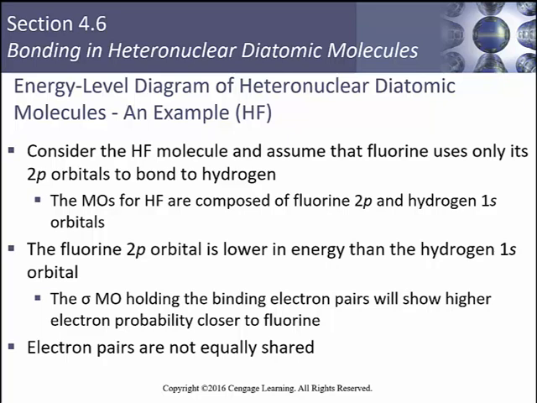So just like we saw, where we had the hydrogen with its s orbital over here, and then we had fluorine where we had an unfilled p, and then we had some filled ones on our other axes.